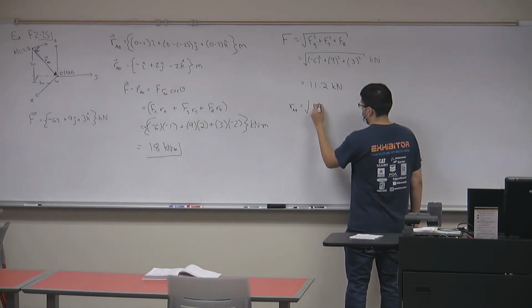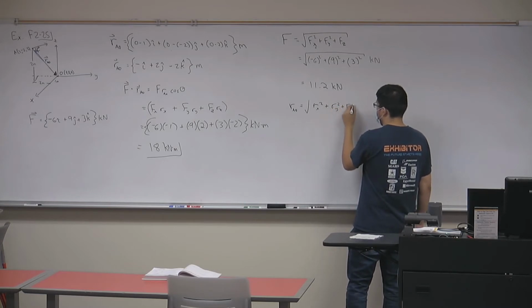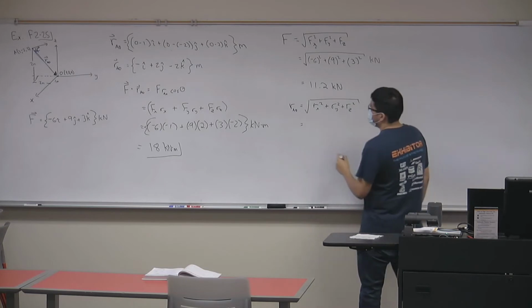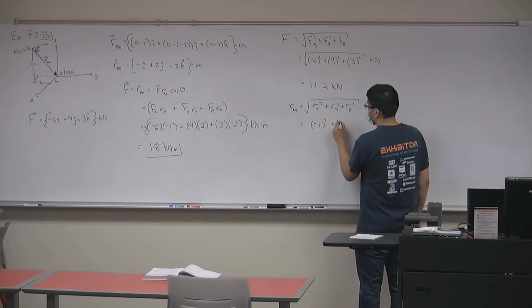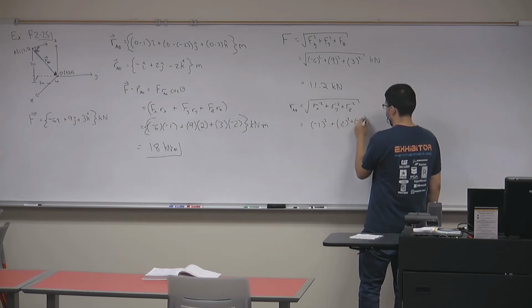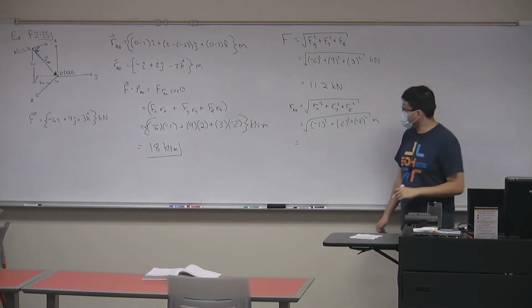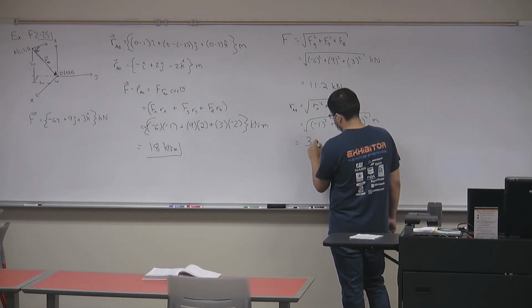So can somebody plug those numbers in and tell me the magnitude of this position vector? 3. Units? Meters. Thank you.